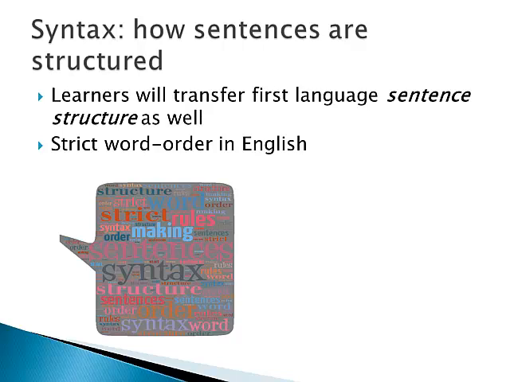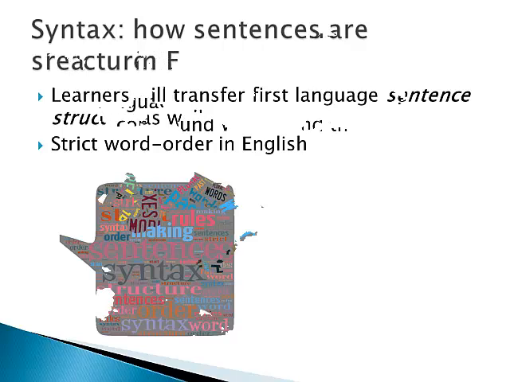"Juan llegó," John arrived. "Llegó Juan," arrived John. Sentence number 2 is acceptable in Spanish while incorrect in English. Over time, Spanish speakers learn that the verb cannot come before the subject in English. In later modules, you will learn about strategies to help second language learners acquire proper English grammar or syntax.